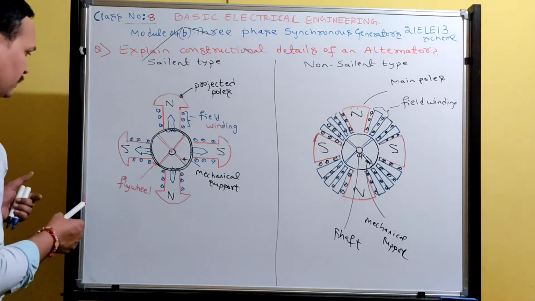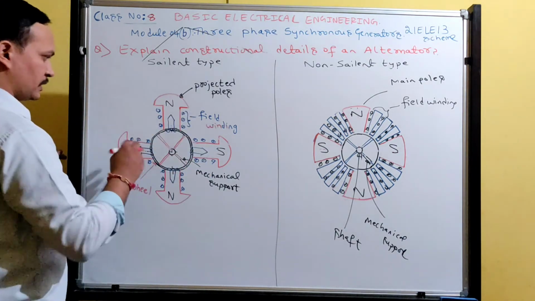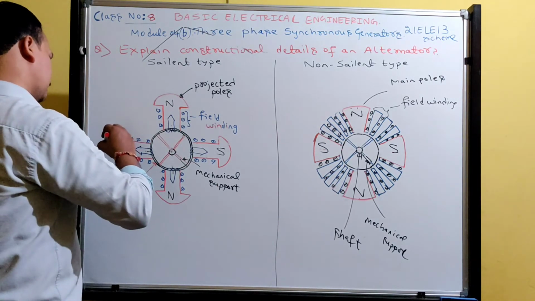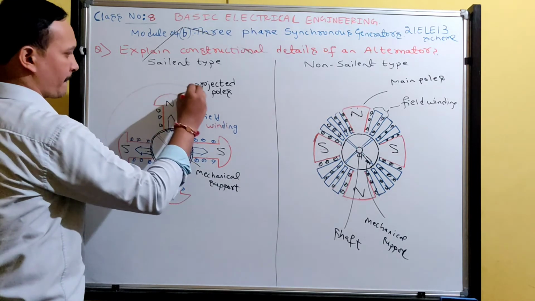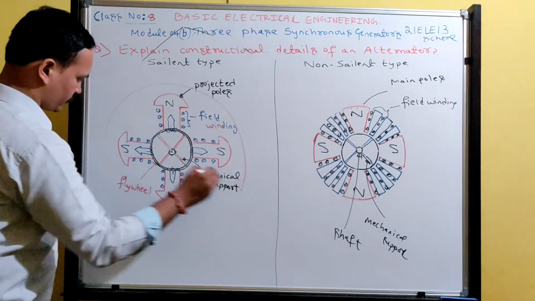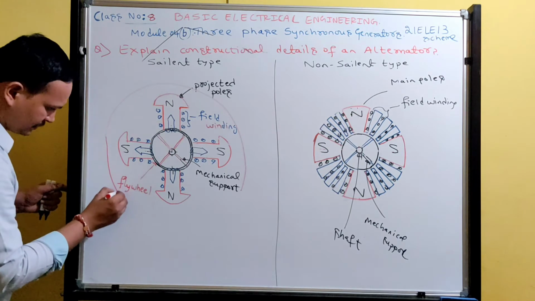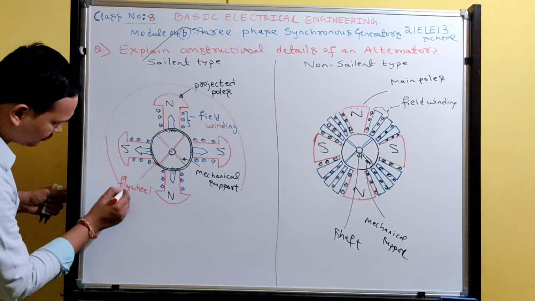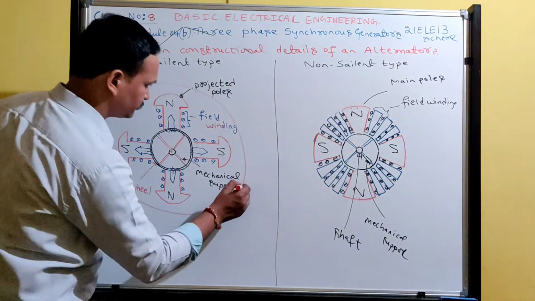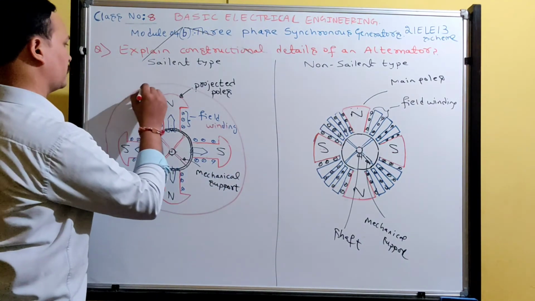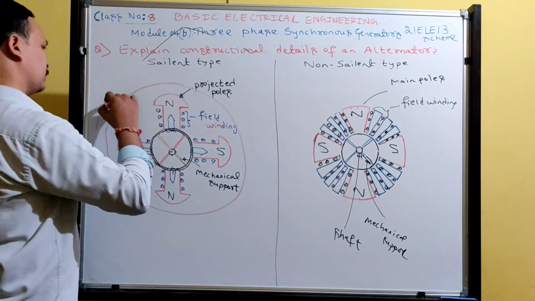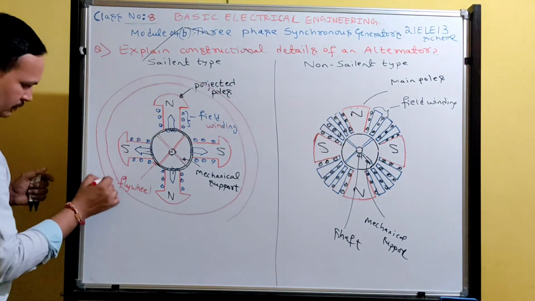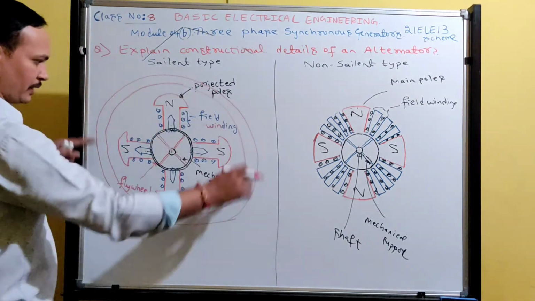So let me draw a stator around this. This entire thing is called the rotor. Now I am going to draw a stator around this rotor. Ink is not sufficient, so it's not clearly visible. Understood, this is a circle. I'm drawing another circle. What is this outer circle?